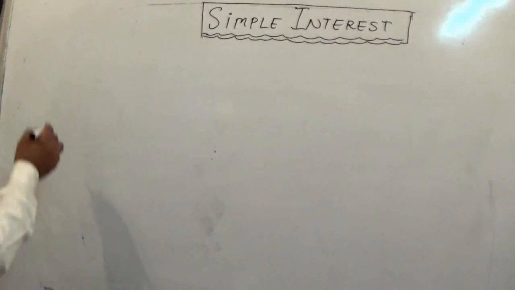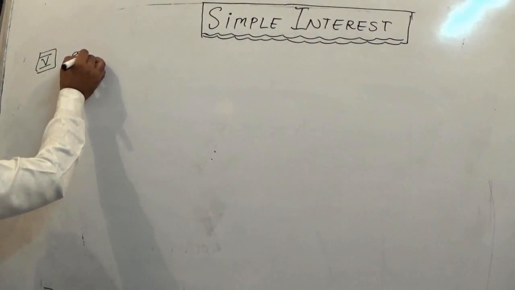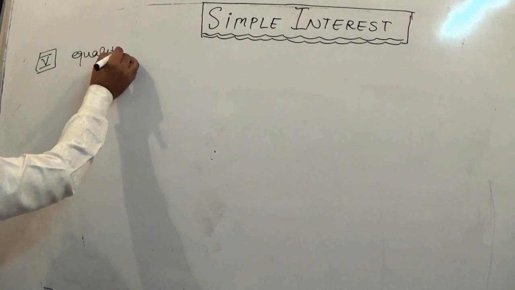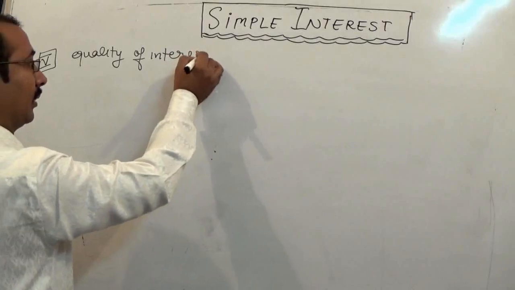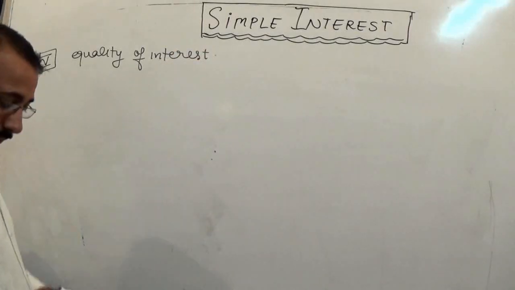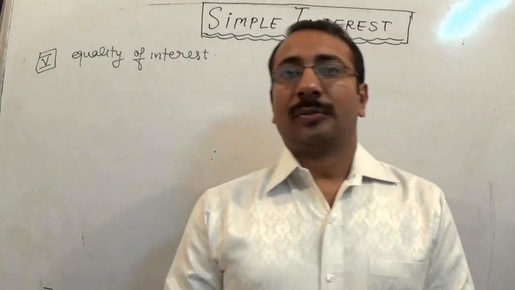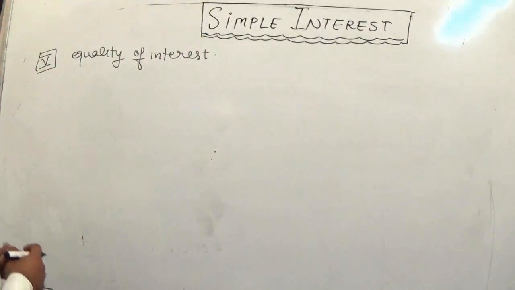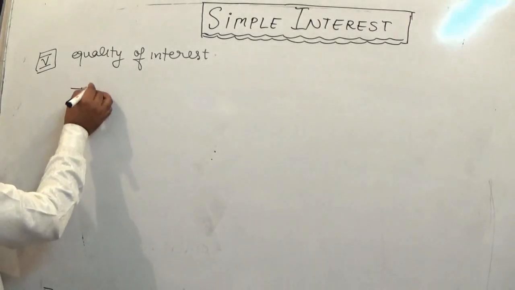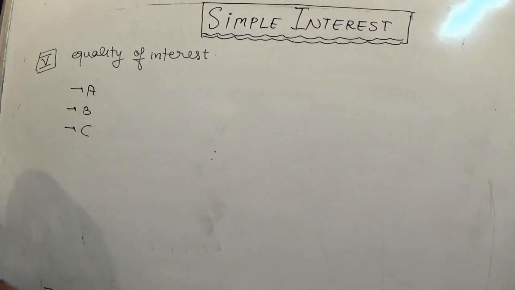After this, we have one more type of question in which equality of interest is given. For example, suppose there is a person, he has some money with him and he had given his money to three persons A, B and C. He divided his money to three persons in some ratio.